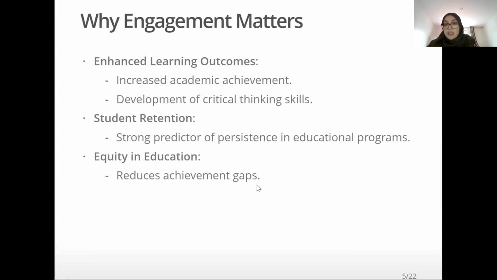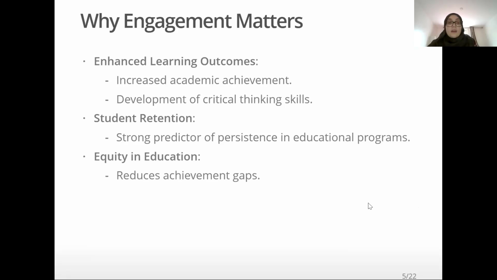There is also an effect on equity in education. If we foster engagement, we can help close achievement gaps and ensure that all students, regardless of background, have an opportunity to succeed.